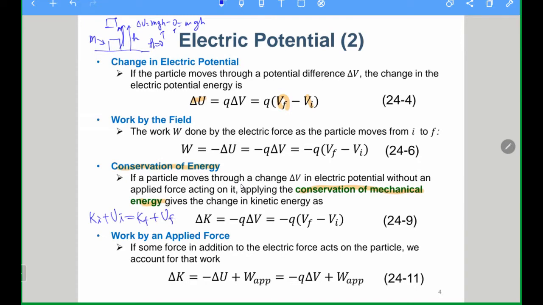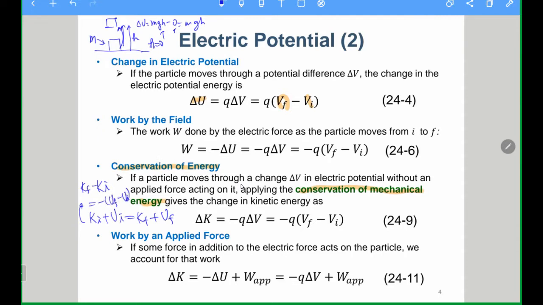So you can just move over the terms, and you get Kf minus Ki equals negative Uf minus Ui.